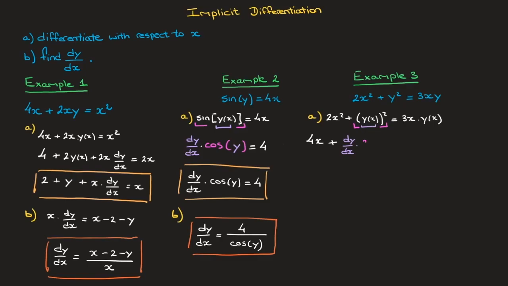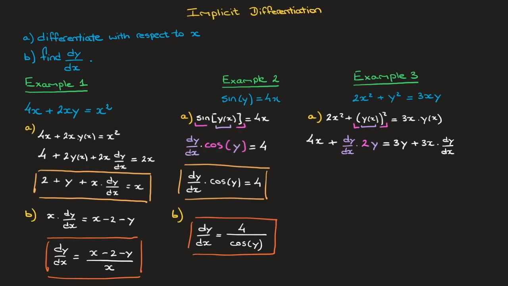So that will be 2 times y, and that's equal to the derivative of 3x times y of x, where if I treat 3x as u and y of x as v, that would be the derivative of 3x, which is 3 times y, plus 3x times the derivative of y, which would just be dy/dx.